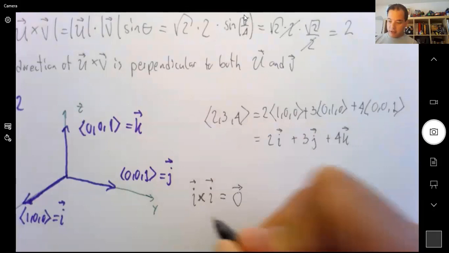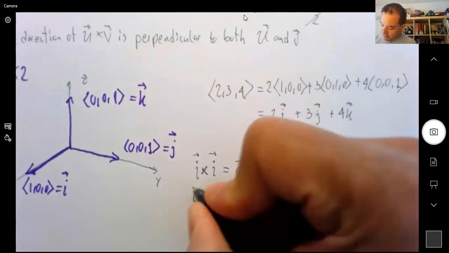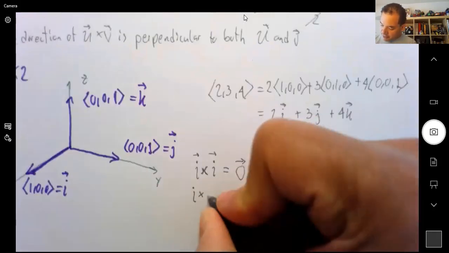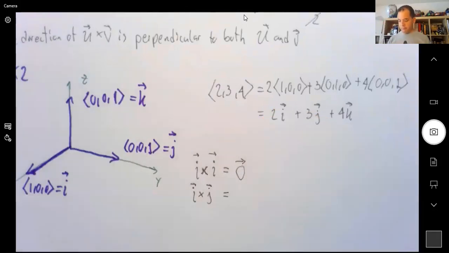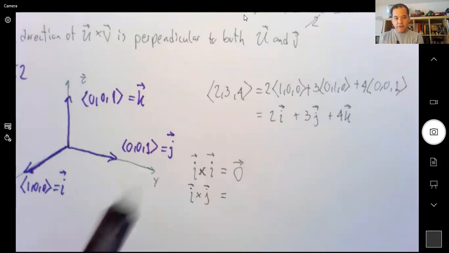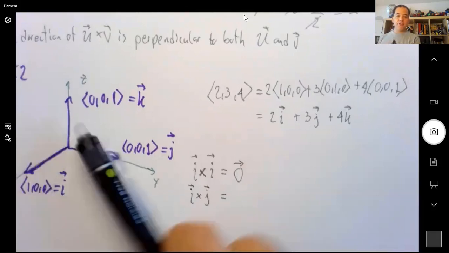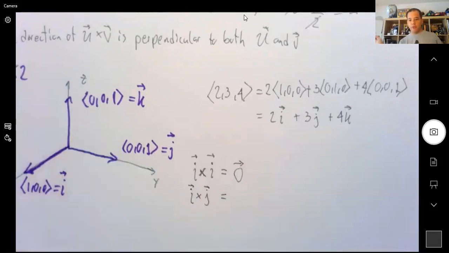Now let's continue on our list. So the next one in our list would be i cross j. So what happens if you do i with j? We're going from i to j. So which direction is it going to point? If you use the right hand and you go from i to j, in which direction will it point?